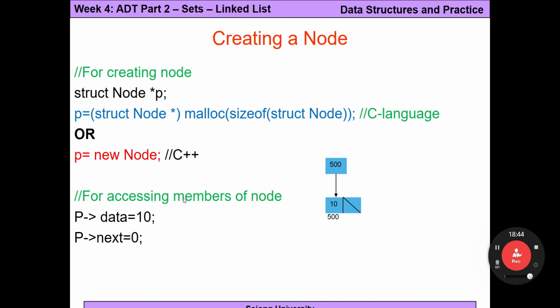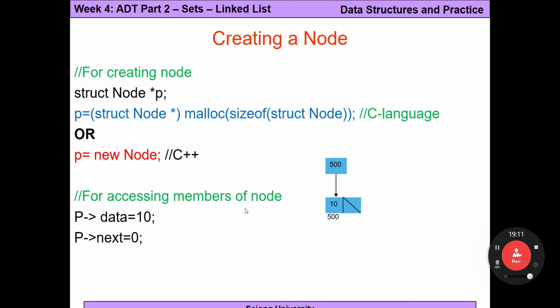For accessing members of the node, if I want to access the member of the node here, I will say that P of data is equal to 10 and P of next is equal to 0, as next is null or 0.